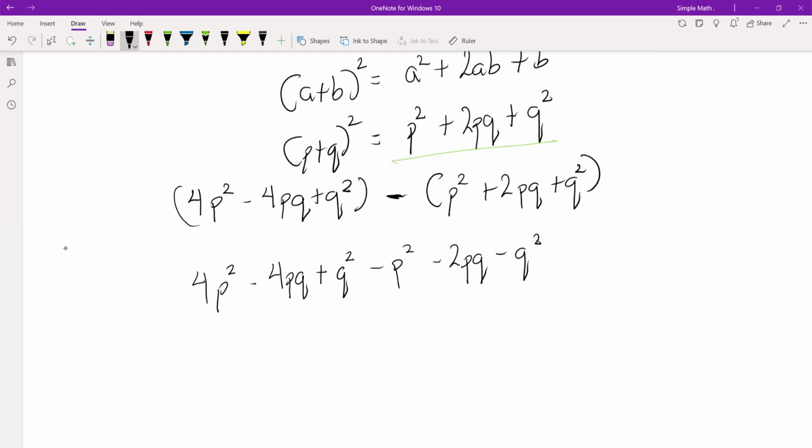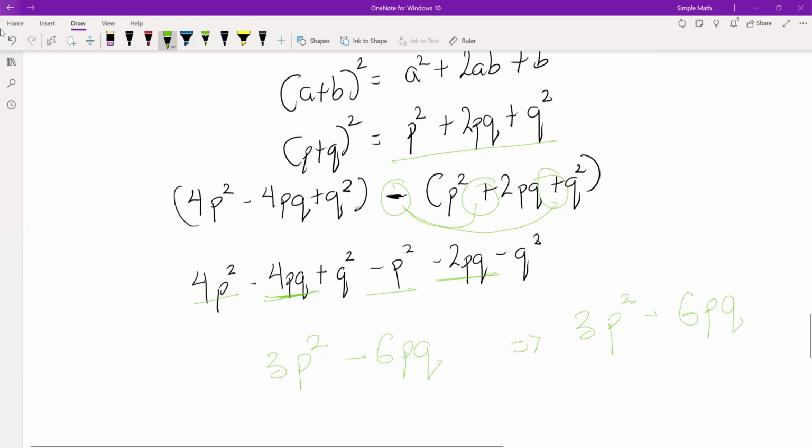Minus times plus becomes minus, minus times plus also becomes minus. So let's do the subtraction. I'll be quick about it. 4p squared minus p squared becomes 3p squared. Minus 4pq minus 2pq will be minus 6pq. Sorry, I'm already getting ahead of myself. And then q squared minus q squared cancels. So the answer will be 3p squared minus 6pq.